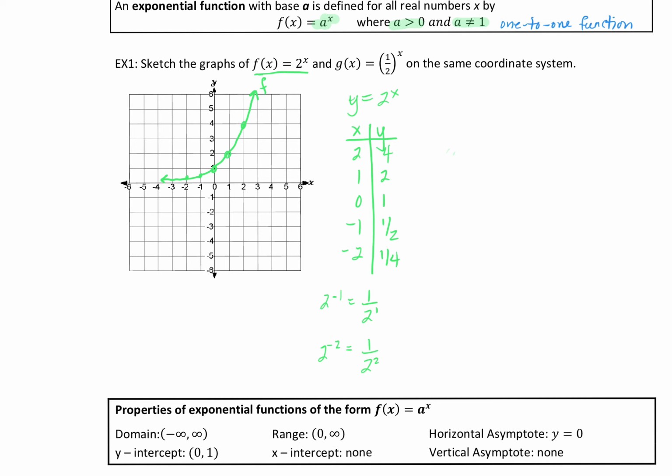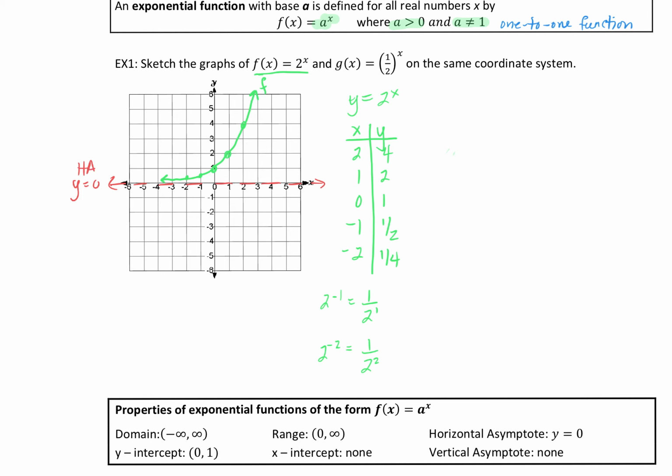Whether x is 0 or positive or negative, the y value will always be positive. So it turns out that there will be a horizontal asymptote here at the x-axis for our function f. And that would be y equal to 0 as a horizontal asymptote.